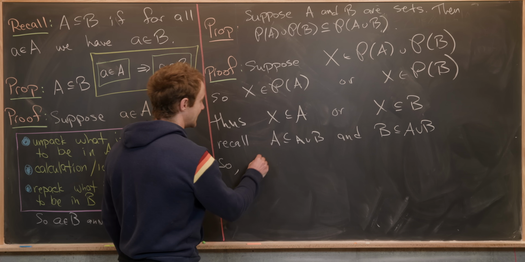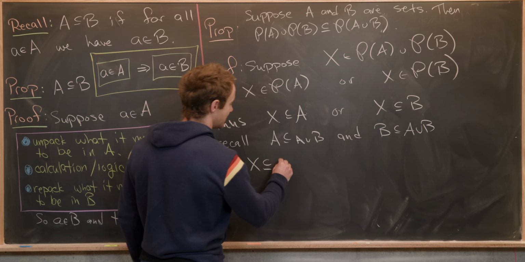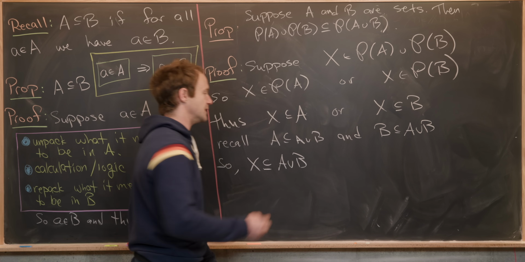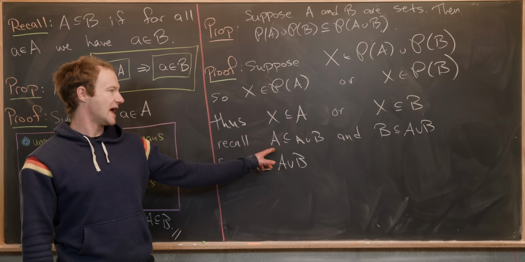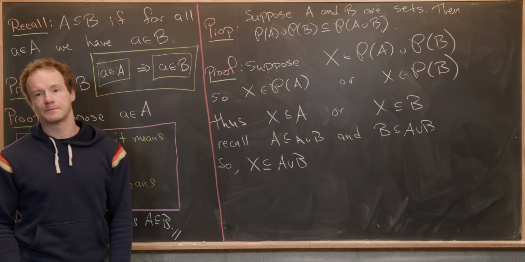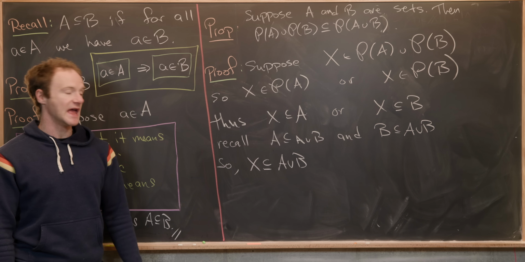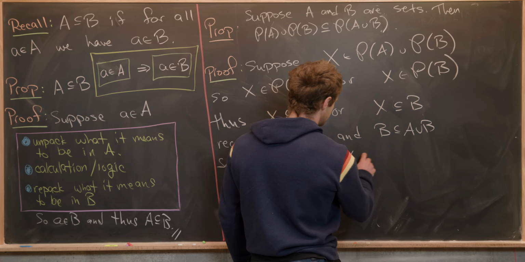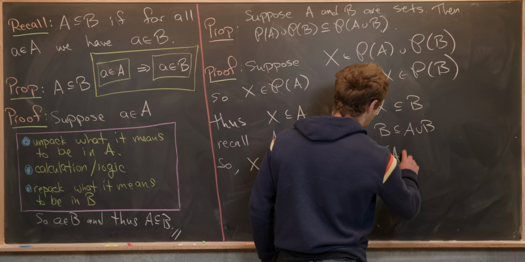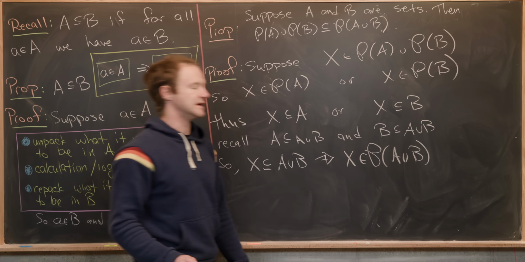So this finally ends up with X is a subset of A union B. Just by subset containment, we either go through A or we go through B. But being a subset of A union B is the same thing as being in the power set. So X is an element of the power set of A union B.